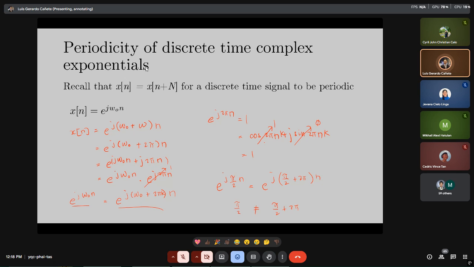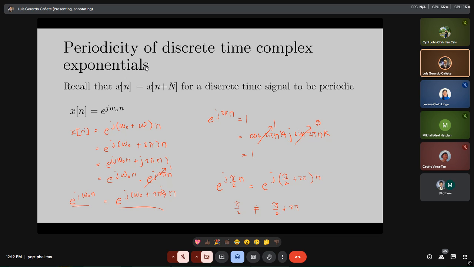There would be certain values of t wherein it would become true, especially when the real value multiplied by the integer would yield an integer representation. So let's say if n were exactly 2, not 2.1, not 2.2, not 2.3, then you would be able to do that. But it's not a general case.